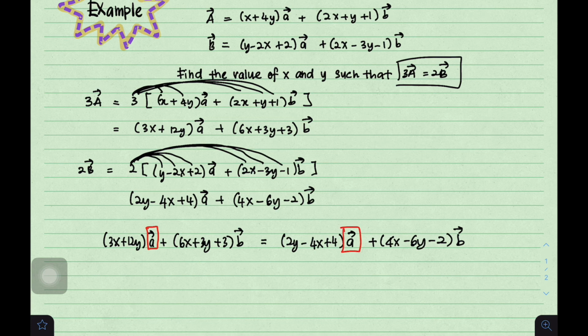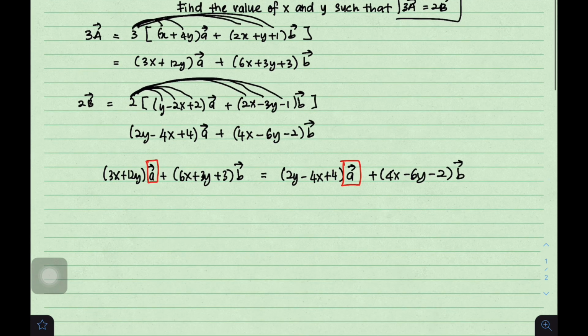Sebab dia kata equal vector, maksudnya nilai vector A mesti sama.